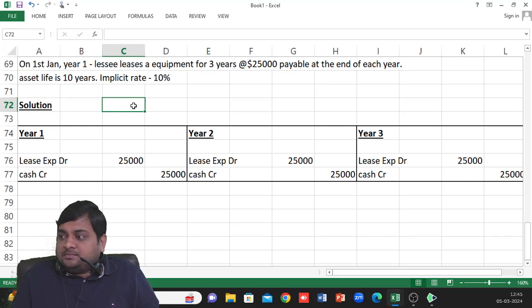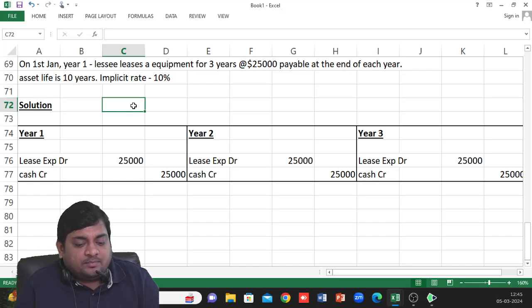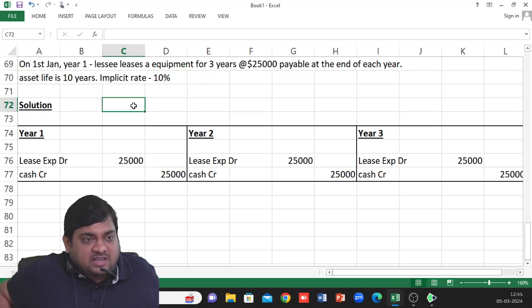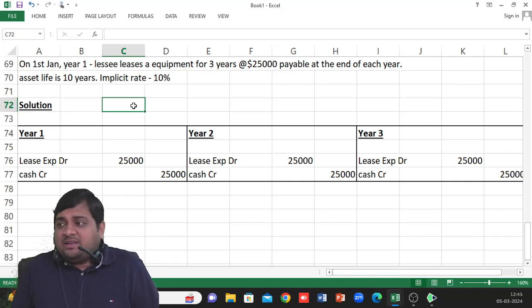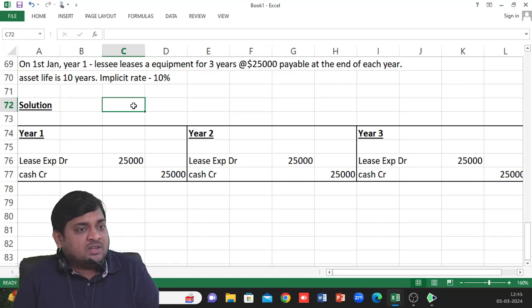Is it fine? This is one treatment. Lease expense, cash; lease expense, cash; lease expense, cash. Normal, like when we pay salary, we can show it like this.